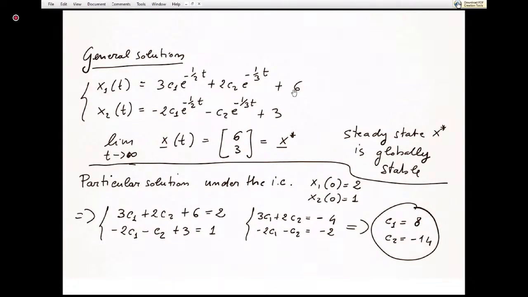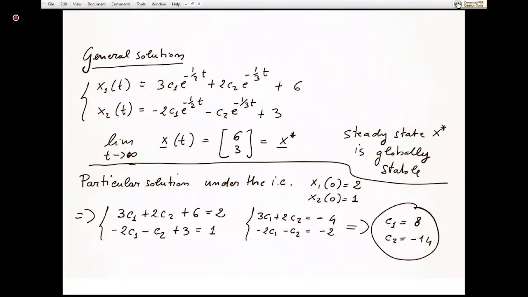But now we have some arbitrary constants that do not tell us much about their meaning. Okay, we would like to relate them to the initial values of the variables, and we can do that because if we impose that, for instance, x1 at the initial time is 2 and x2 at the initial time is 1, we can specify the constants c1 and c2 in a way that the initial condition is satisfied, okay?